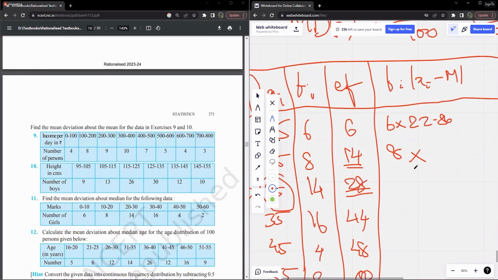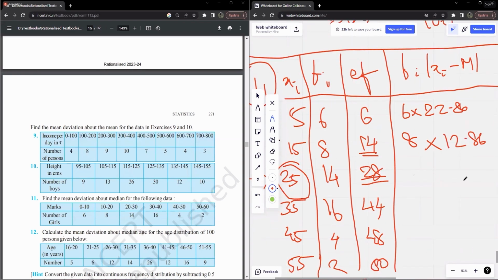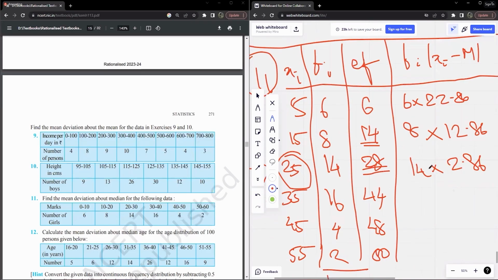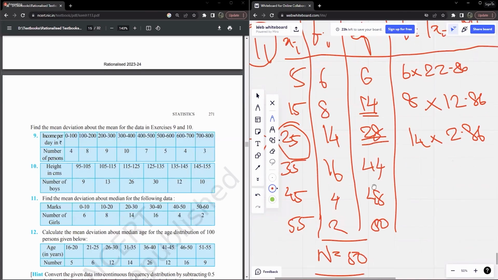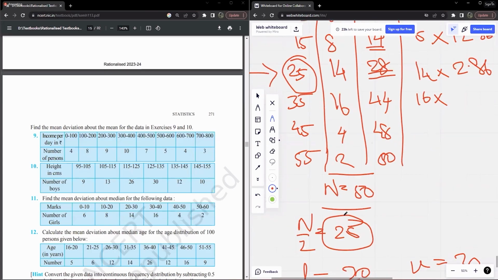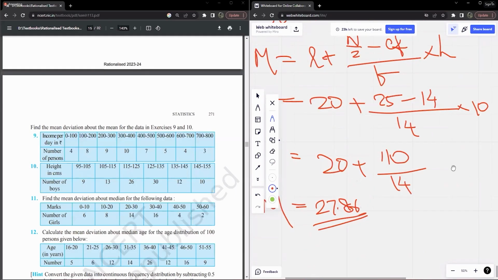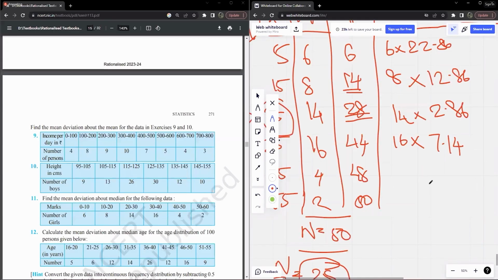Then you will have 14 into 2.86. And then you will have 16 into 35 minus 27.86, which is 7.14. Then this will be 4 times 17.14, and 2 times 27.14.